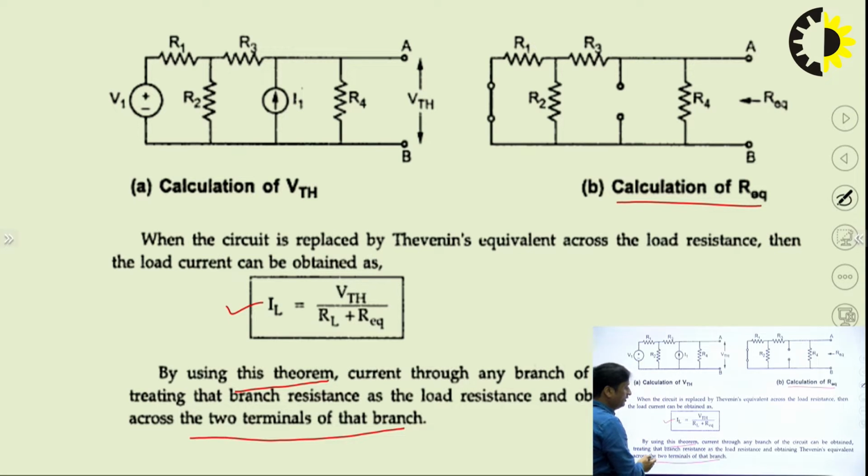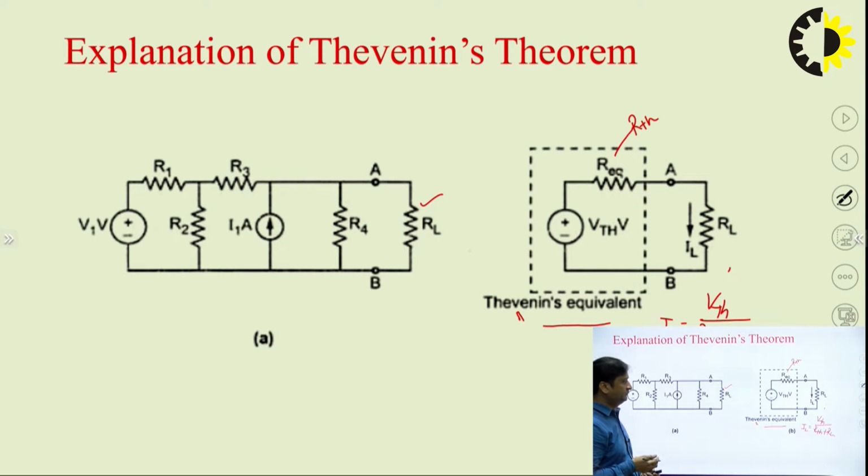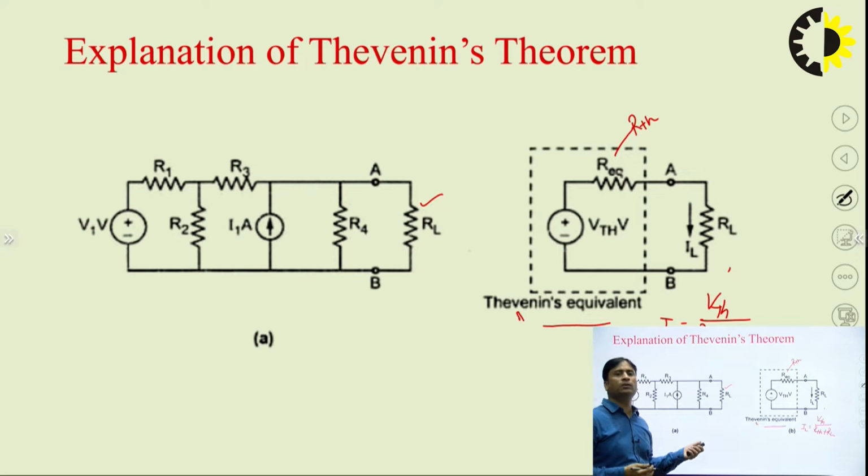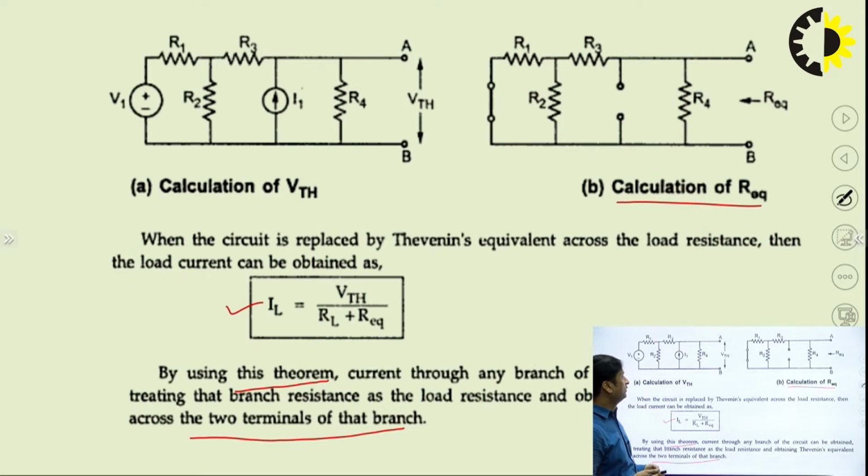This is how we can use this theorem with the help of this procedure. The important part is how we can determine the Thevenin equivalent circuit. Then it is very easy to find the value of current in any branch.